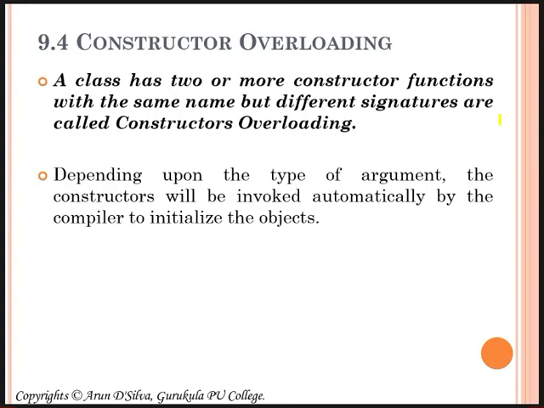Depending upon the type of argument, the constructor will be invoked automatically by the compiler to initialize the objects. That means the type and number of arguments you pass, the compiler decides which version of the constructor to invoke during object creation.